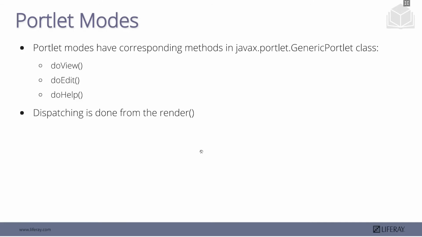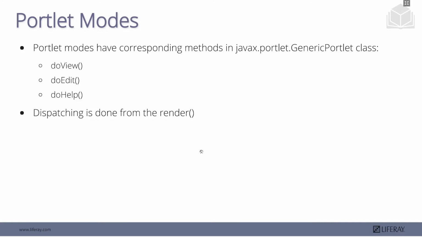Now jumping back to the main 3, the view, edit, and help, each one of these portlet modes has a specific method that corresponds with it. Now, the implementation of the Java standard, JSR 168, 286, or 362, is within a portlet class called GenericPortlet.